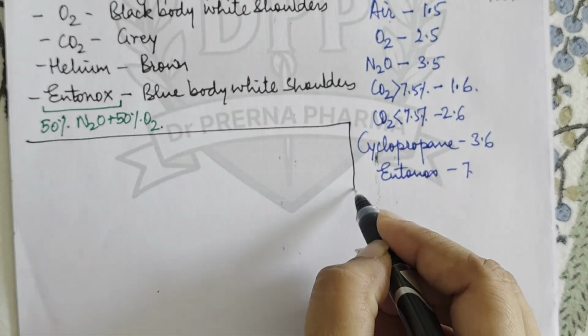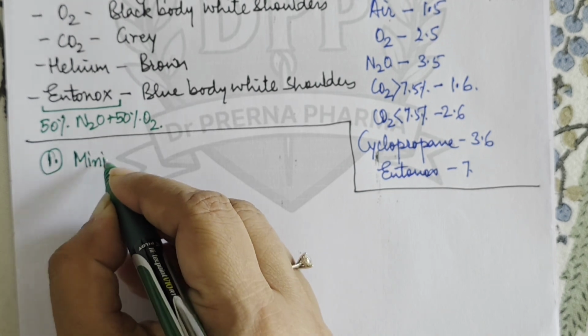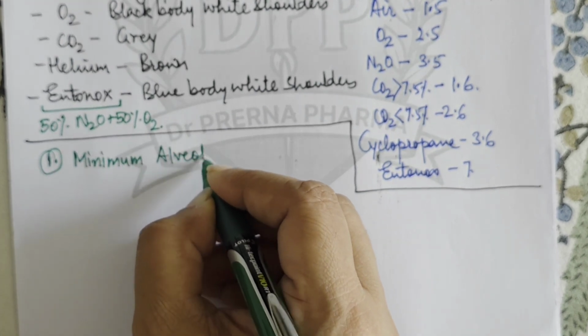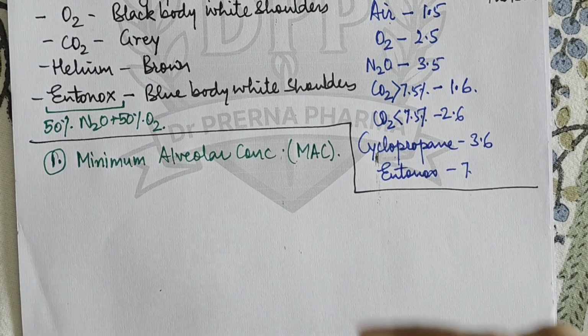Now there are 2 important concepts which are usually studied when we study the inhalational agents. One is the minimum alveolar concentration, also called MAC for short. What is minimum alveolar concentration?